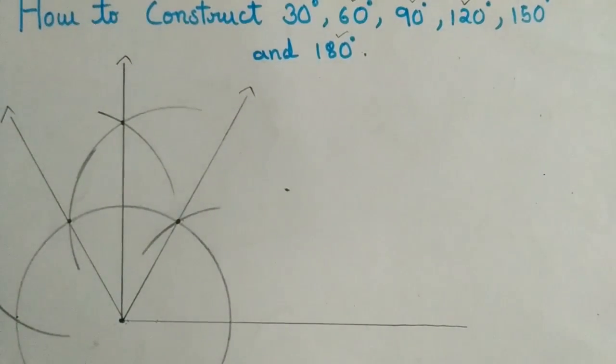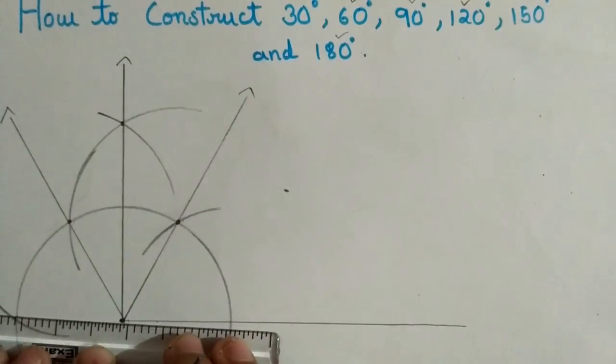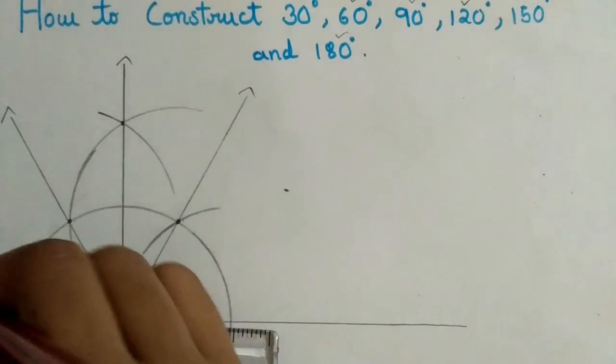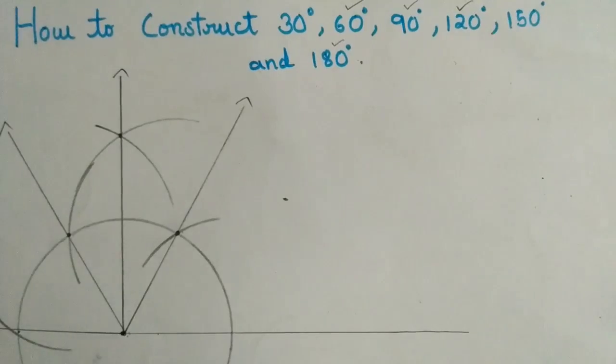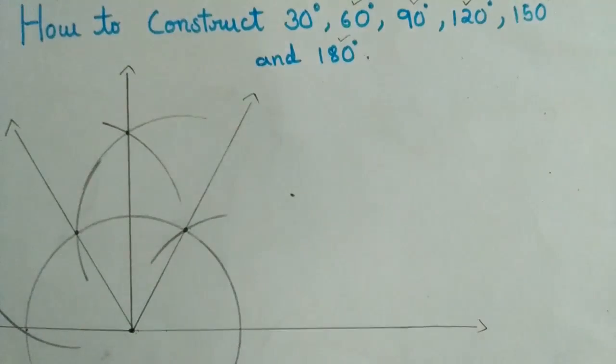Friends, basically 180 degree is a straight line, so there is no problem to construct 180 degree. Friends, it's coming a little different because my pencil and my compass are not sharpened. If you take it perfectly, then you will get the perfect answers.